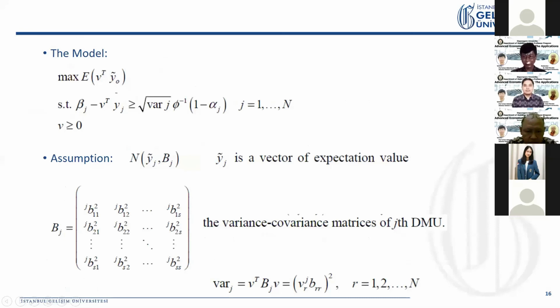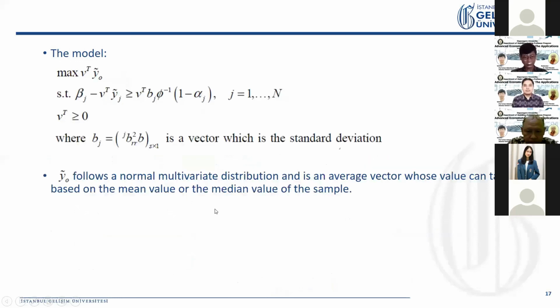If you are dealing with panel data, you will be dealing with a factor, so the BJ here will be the factor, and this is the data of the DMU, the decision-making unit. So the model is like this, and then BJ is the factor here.